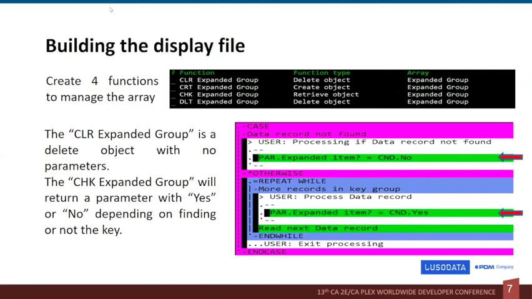And the check expanded group will give me a value of yes on the parameter if it finds that particular key in my array, telling me that that group is to be expanded, or no, that it should be collapsed. Here is a retrieve object. Nothing new about this either.